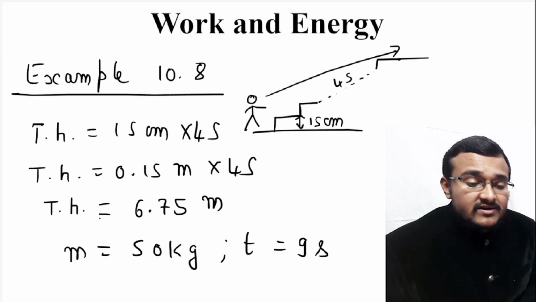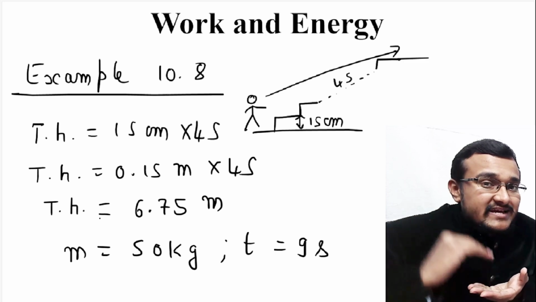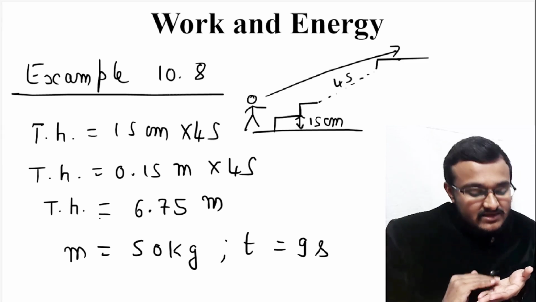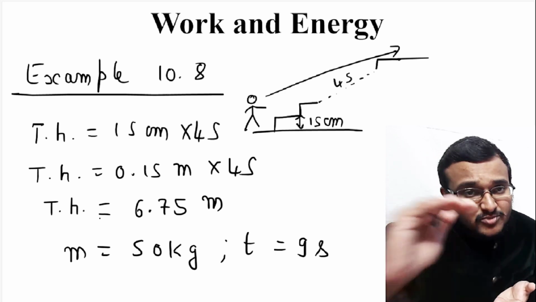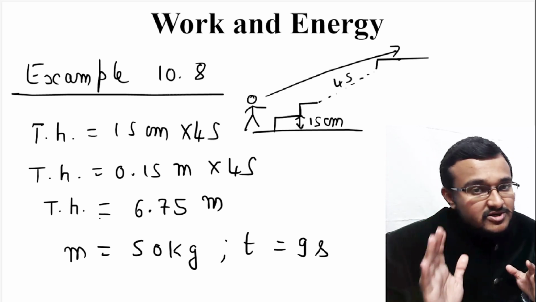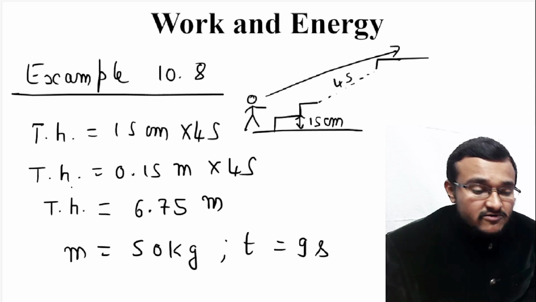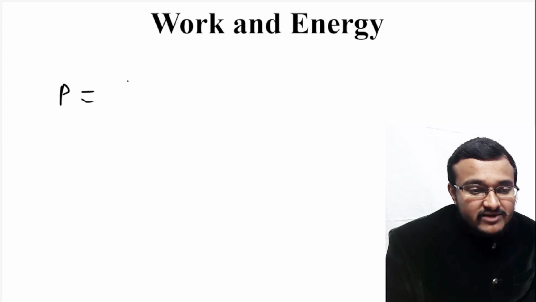Now he has done that much work to gain potential energy to reach that height, because when the boy reaches that height he gains that much potential energy, and that potential energy is the work done by the boy. So in place of work done I can take potential energy, because in power we want work done by time.